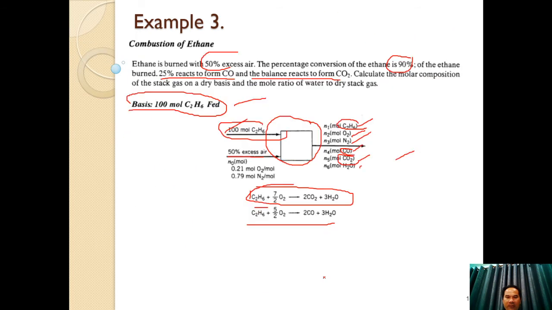Oxygen, you go back to the flowchart. Oxygen input in air, that's right, in terms of gas oxygen. And oxygen output in oxygen, N4 carbon monoxide, N5 carbon dioxide, and N6 water. We have 4 terms of output, 1 term of input.